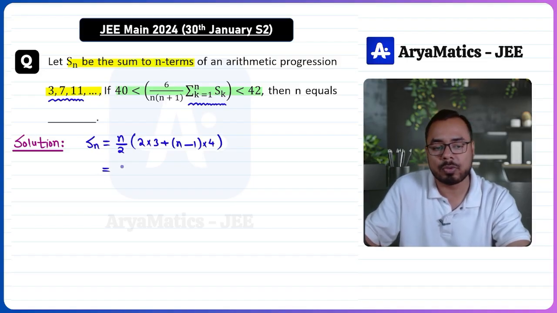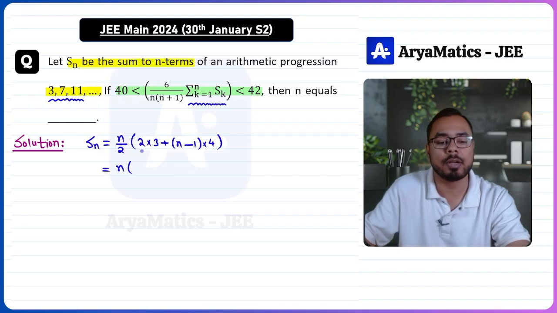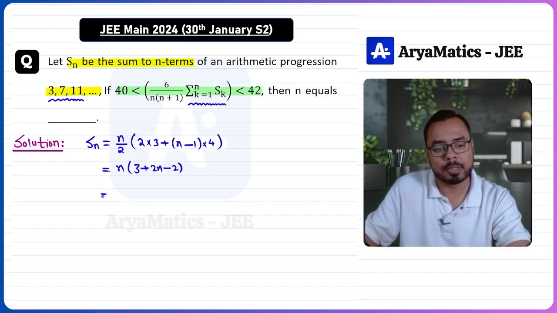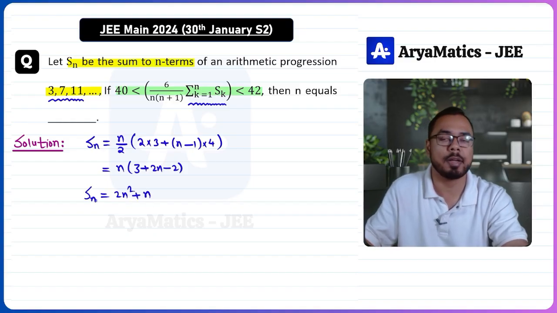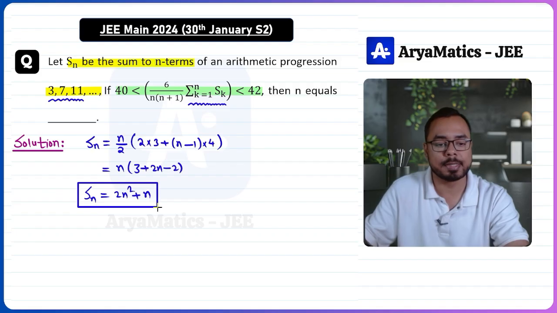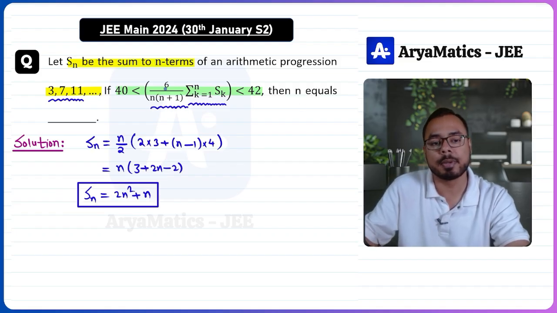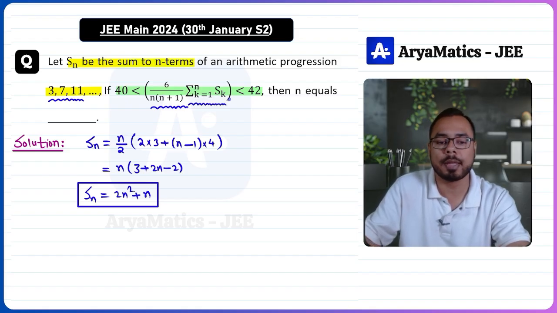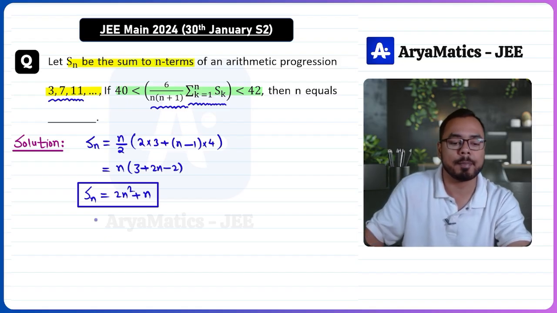Now you can take this 2 inside, so then it becomes n into, here you will get 3 plus 2n minus 2. So this will become 2n square plus n. This is Sn, right? This will be the sum of n terms of the given arithmetic progression. Now we need to calculate sigma Sk, right? Now let us try to find this expression, 6 by n into n plus 1, multiplied by sigma Sk.